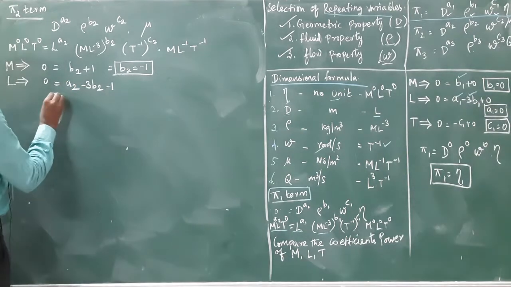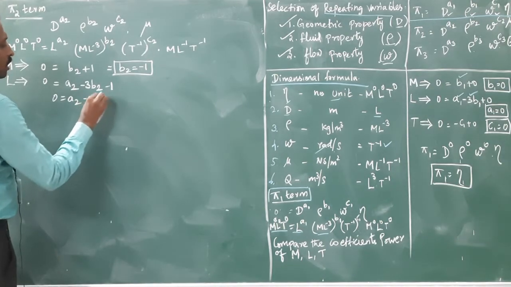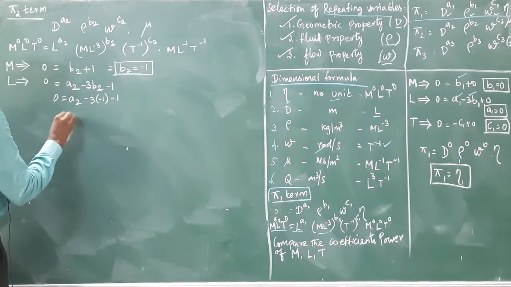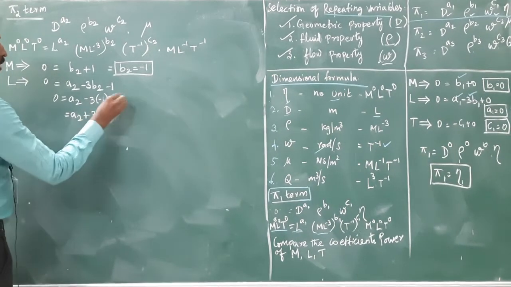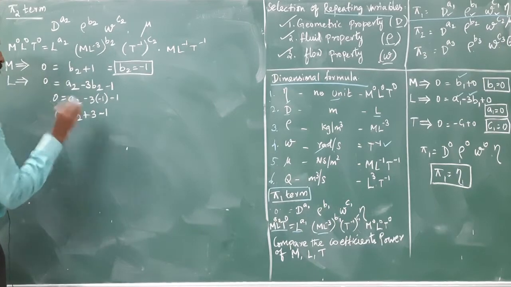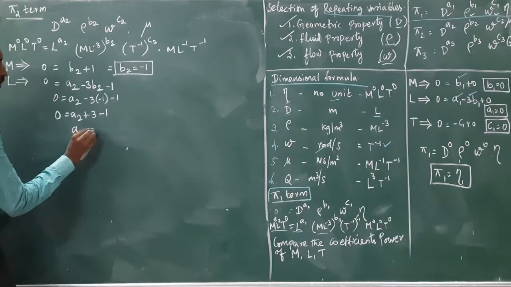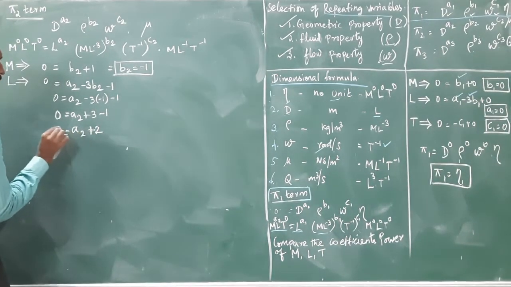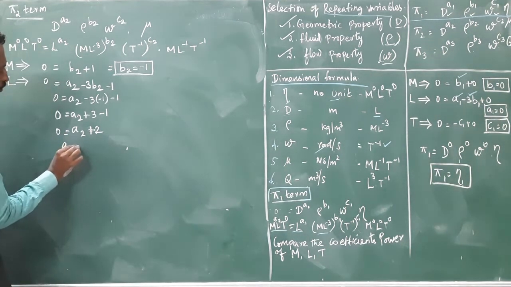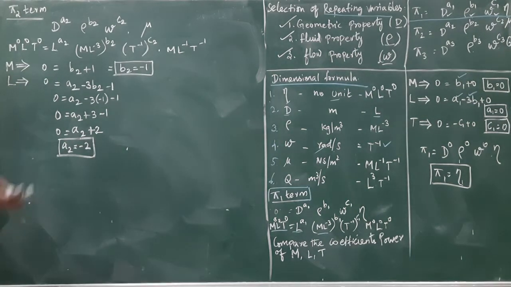Substituting in this, 0 equal to a2 minus 3 into minus 1, minus 1, equal to a2 minus 3 into minus 1 is plus 3, minus 1, which is equal to 0. 3 minus 1 is 2. a2 plus 2 is 0. Then a2 equal to minus 2. Okay. Similarly, we need to find out for the T term.